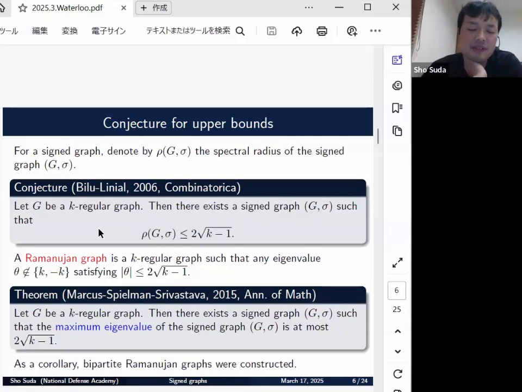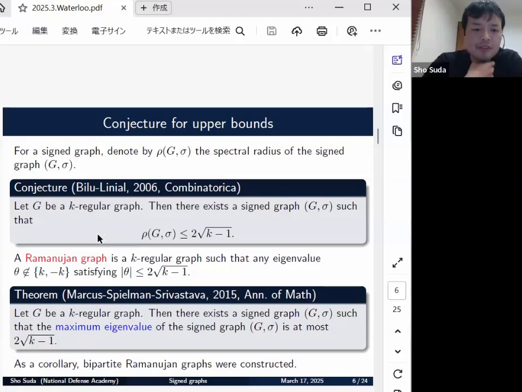So a Ramanujan graph is, as you know, just a k-regular graph such that any eigenvalue theta different from k and minus k satisfies that its absolute value is at most 2 times the square root of k minus 1. So the Ramanujan graph is one of the main important objects in graph theory, and many people try to construct this object.